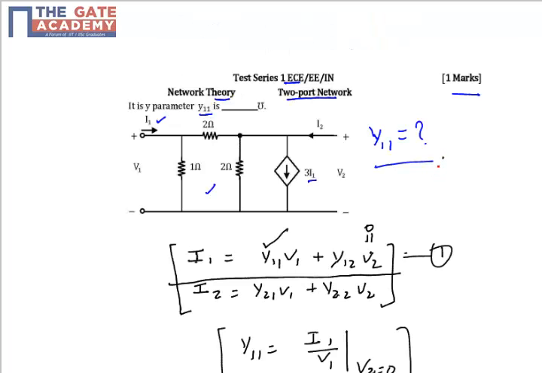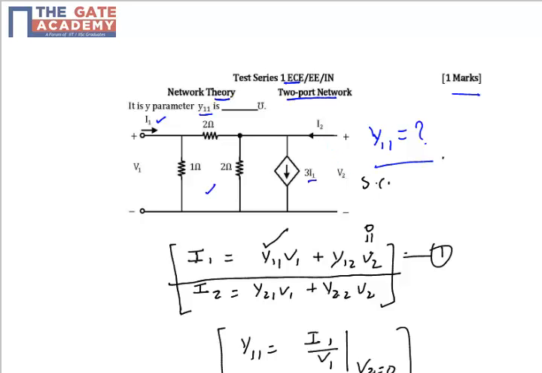What do we mean by keeping V2 zero? V2 is the potential difference of the output terminal, or the second terminal. How can we make V2 zero? Equating voltage to 0 means short circuiting the terminal.